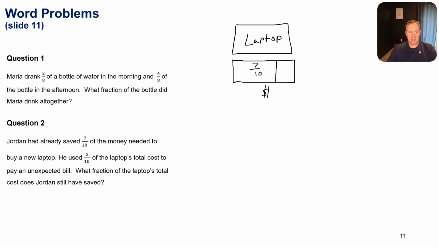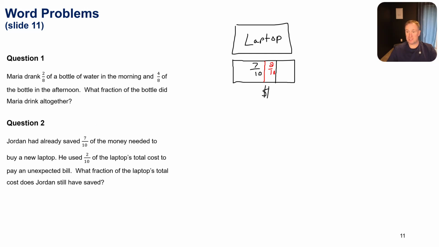But then he used 2/10 of the laptop's total cost to pay an unexpected bill. So basically he sliced away some of that money, 2/10. What fraction of the laptop's total does Jordan still have saved?